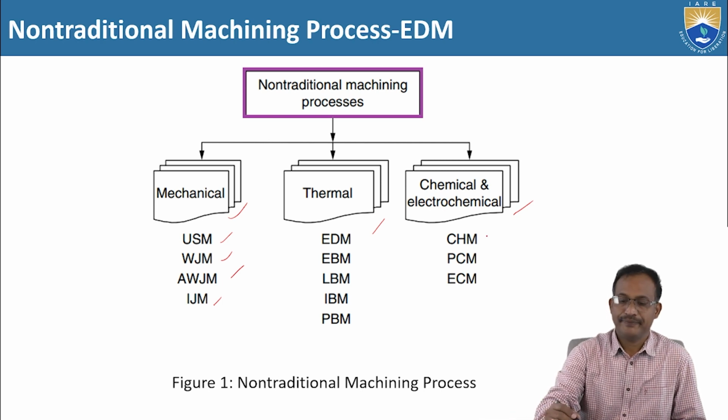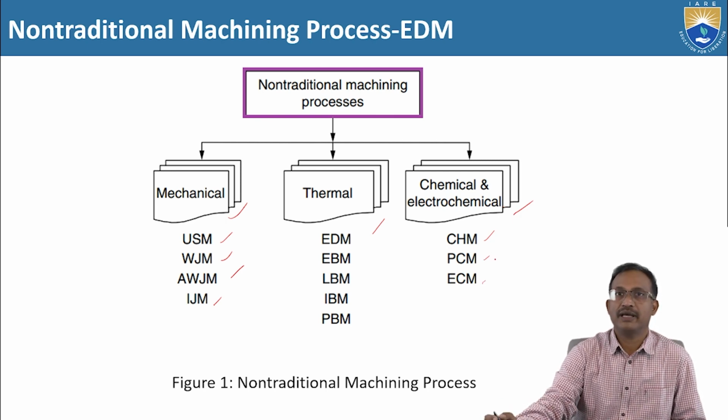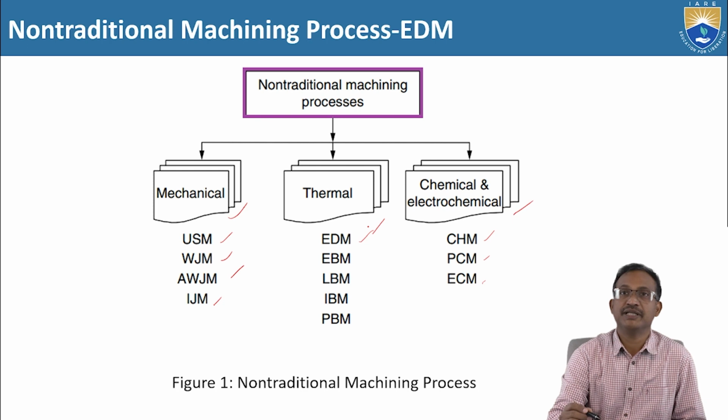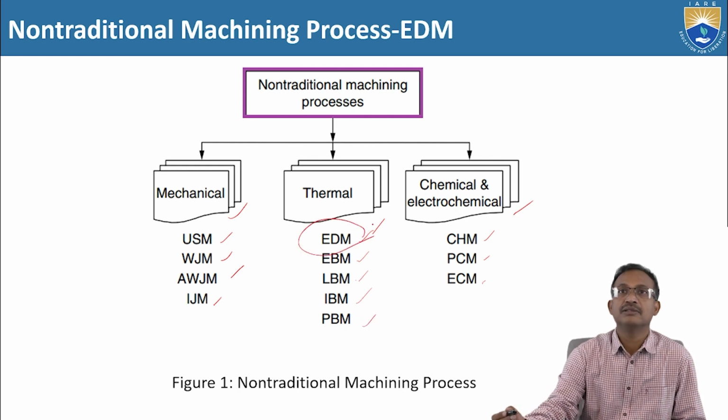Under chemical and electrochemical: chemical milling, plasma chemical milling, electrochemical milling. Under thermal: electro-discharge machining, electron beam machining, laser beam machining, ion beam machining, plasma beam machining. Now, today's topic is electro-discharge machining.